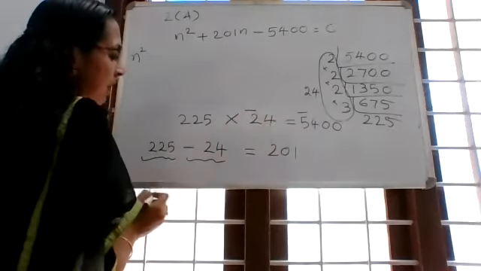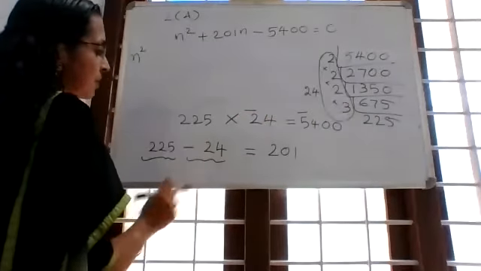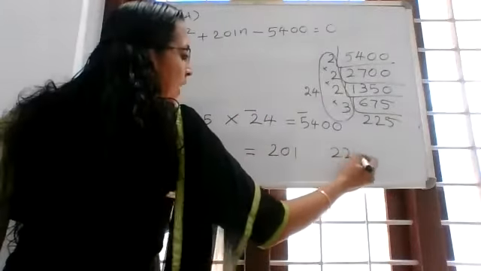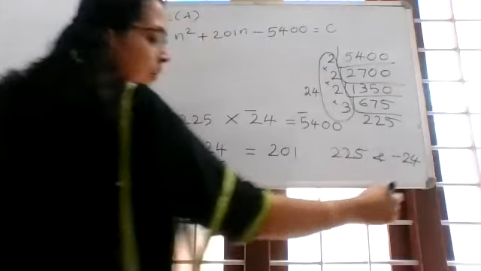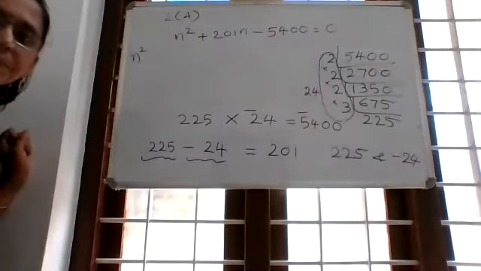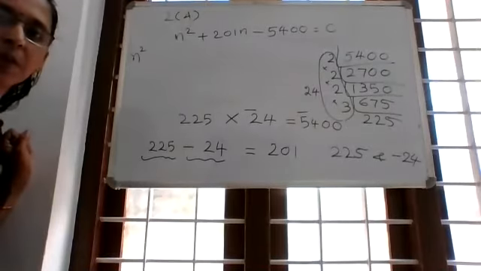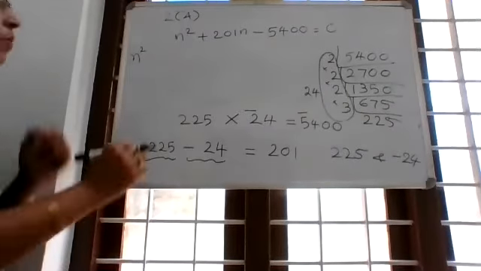Positive into negative is negative. So the two numbers are positive 225 and negative 24. Understood? Yes, ma'am.